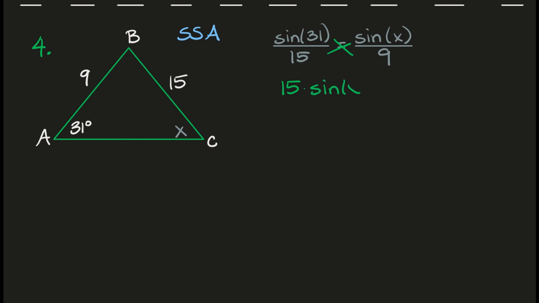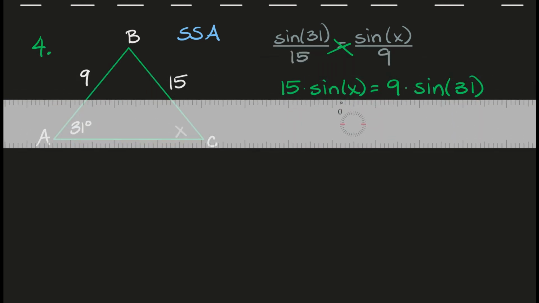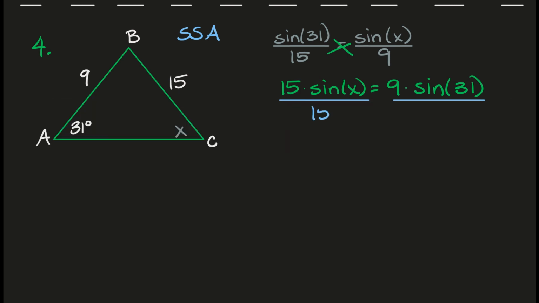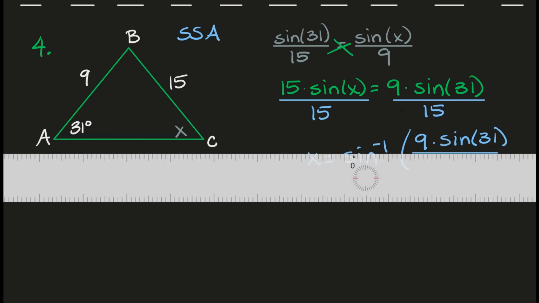So I have 15 times sine of x equals 9 times sine of 31. Here we know that we're going to divide by 15, because we're going to do the opposite of whatever they're doing. So x here is going to be the sine inverse of this fraction, 9 sine 31 all over 15.